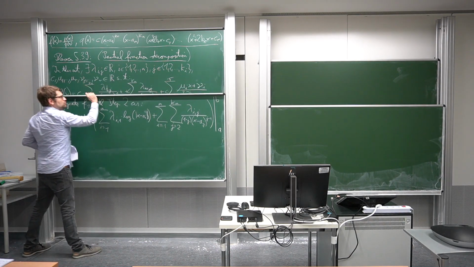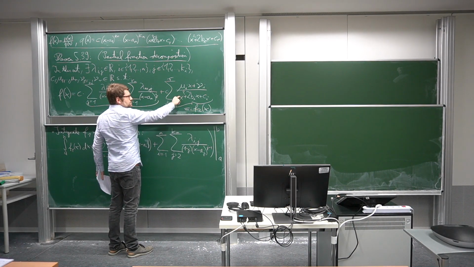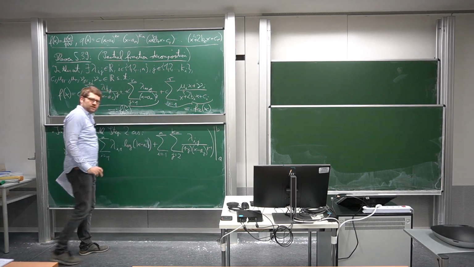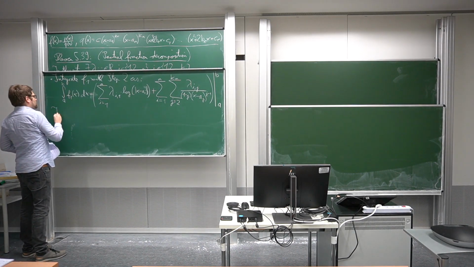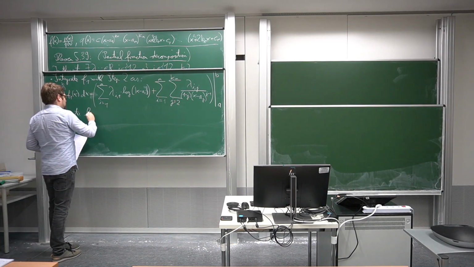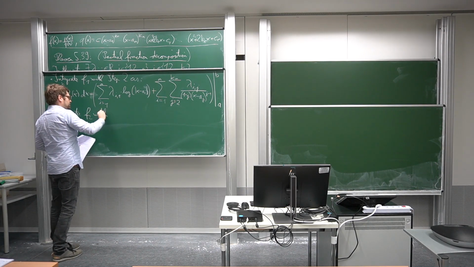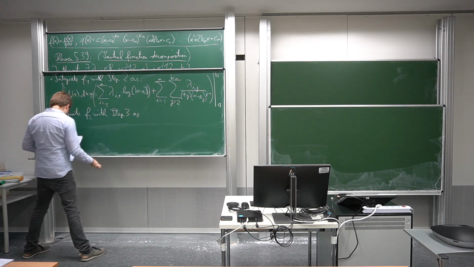Let me do this integral first, the integral of f2. This one we've considered in step 3. This is precisely the form we had in step 3, so we can just apply this formula. So integrate f2 with step 3 as follows.